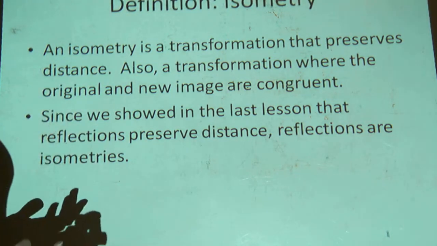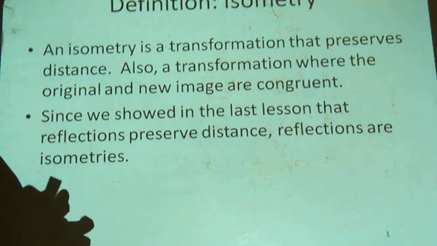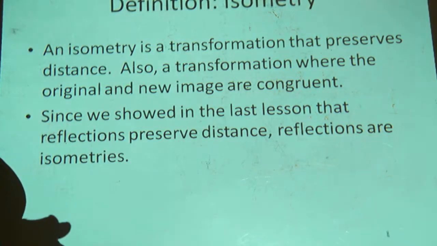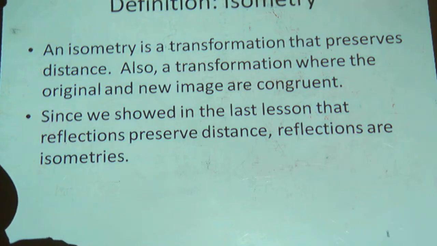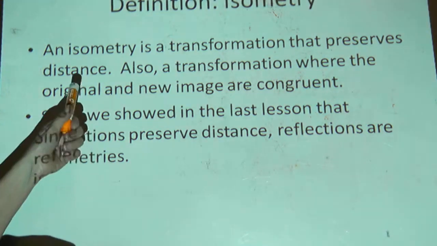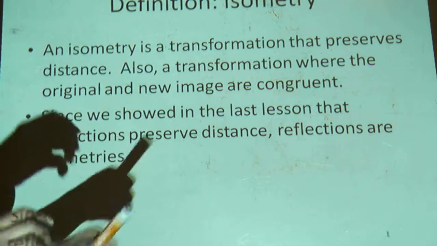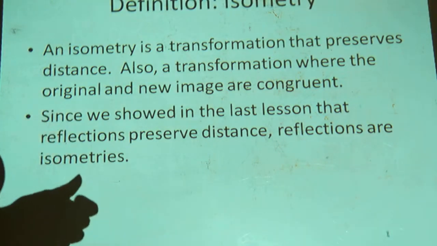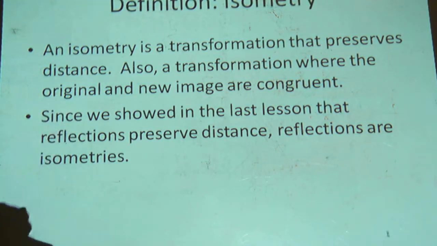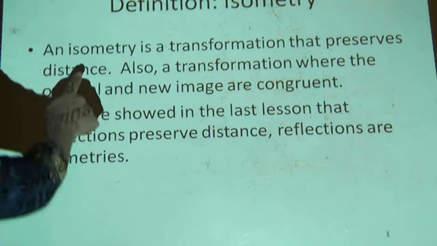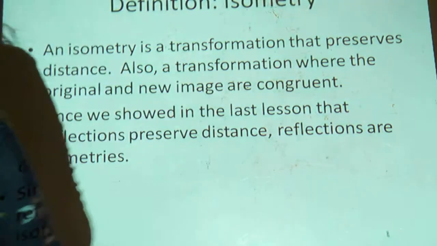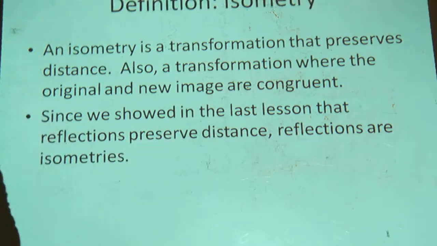And if you remember our reflections that we did, it showed that they were congruent. So that's an isometry. They're always going to be congruent. Since we showed in the last lesson that reflections preserve distance, and an isometry is a transformation that preserves distance, reflections are isometries.